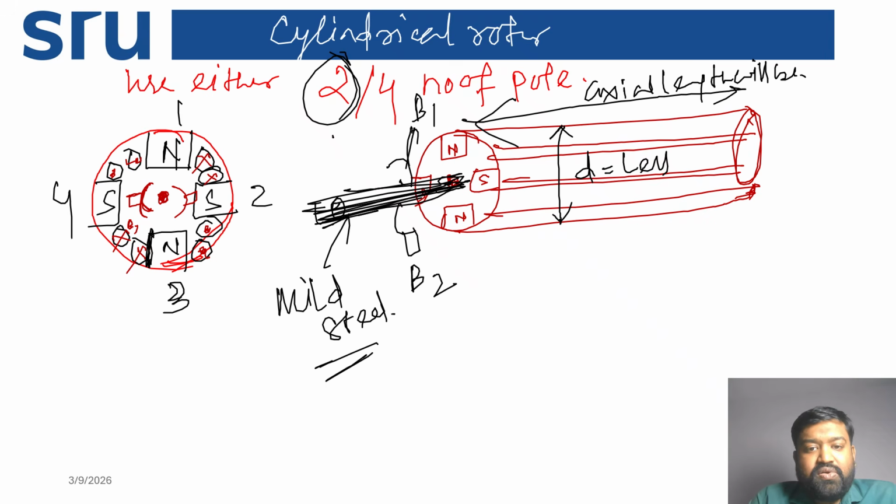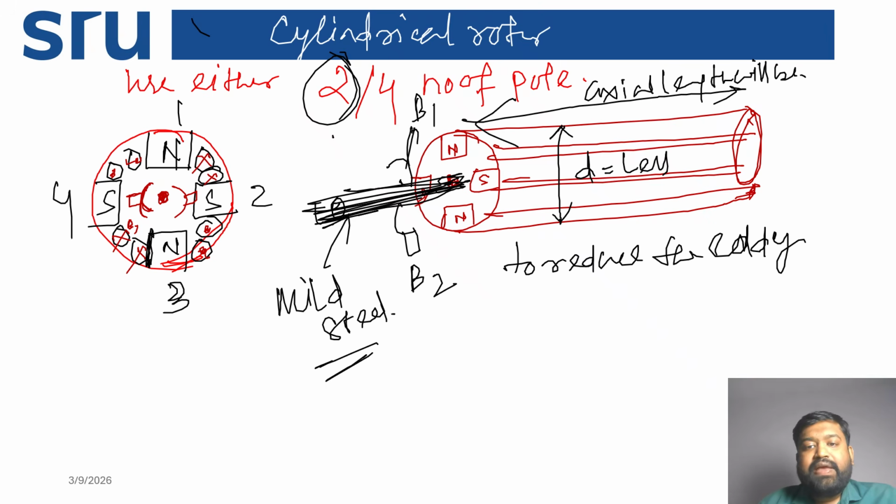And everybody knows, from the starting in DC as well as induction motor, and again if you are coming to the synchronous generator, everywhere we discussed that we are using the laminated core. And why are you using the laminated core? To reduce the eddy current loss. That you can clearly write here, that to reduce the eddy current loss.